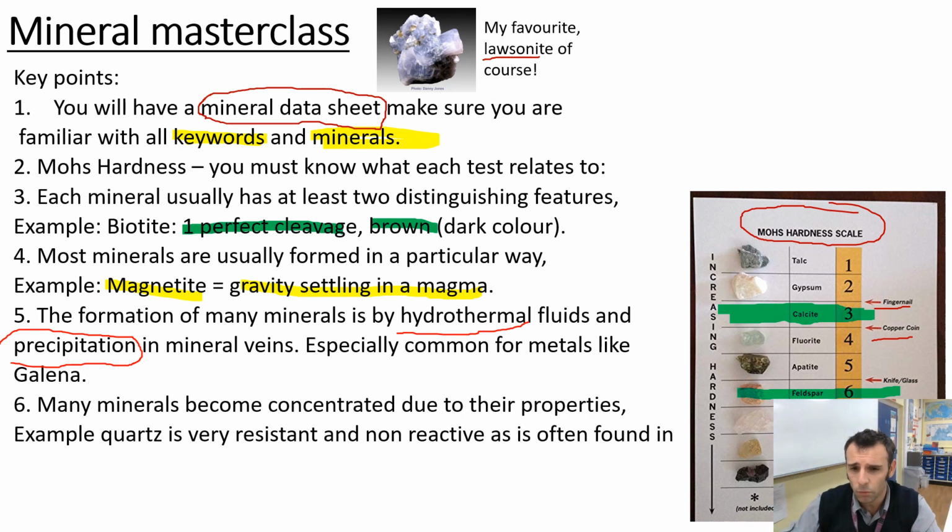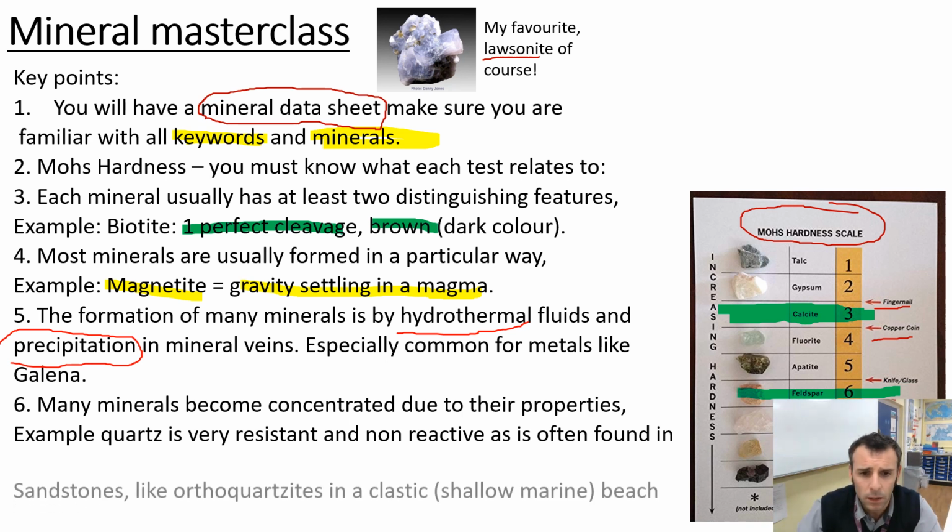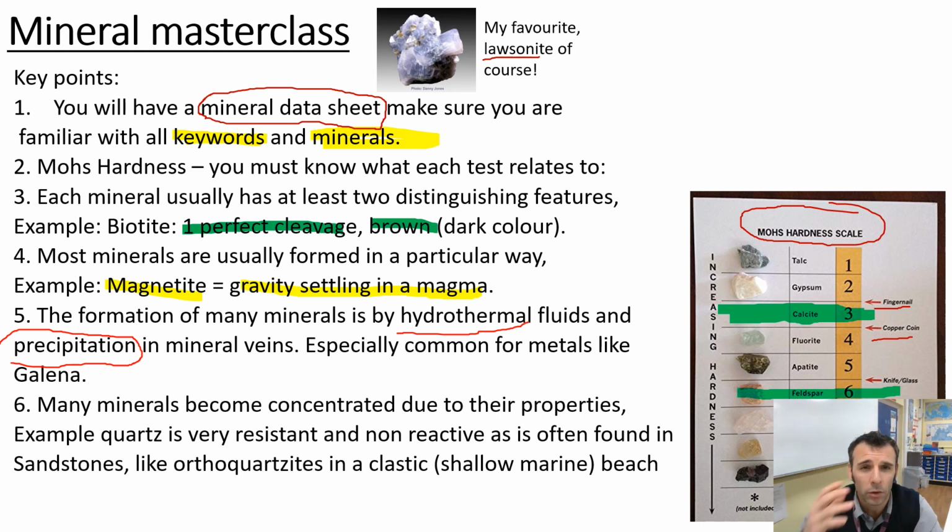And that is one of the reasons why it can be found in sandstones like orthoquartzite in a shallow marine beach environment, and that's going to be really, really useful, because that gives us an idea of the rock type associated with the minerals and the type of question that they might ask about that.